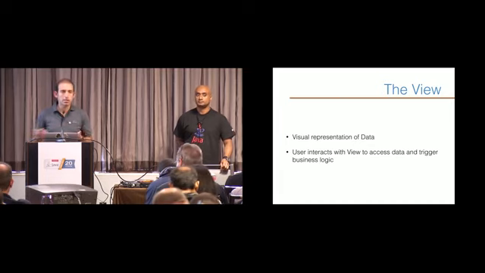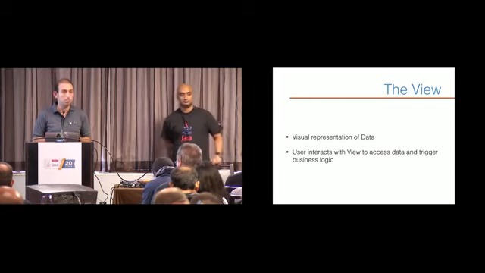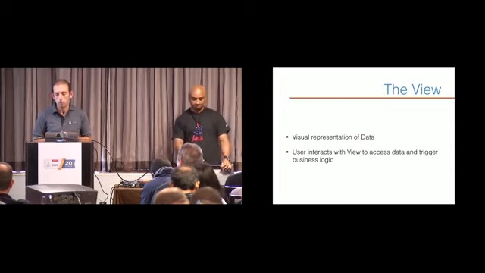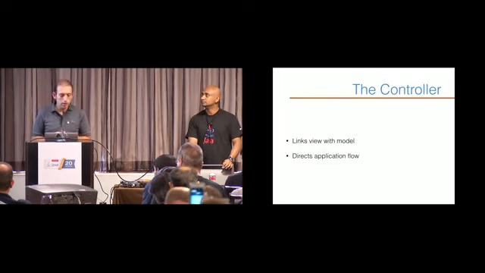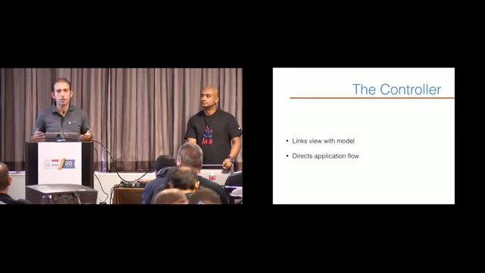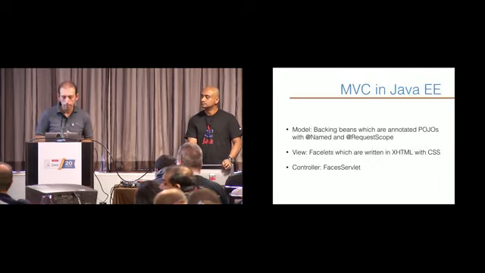It also enables the user to interact with the data and trigger the business logic. And the controller is the part which links the view with the model. It directs the application flow and orchestrates everything in the MVC.